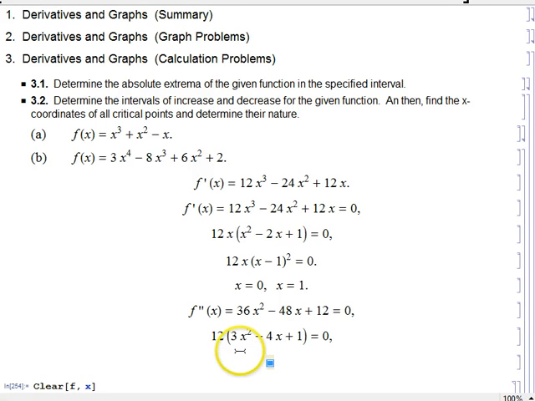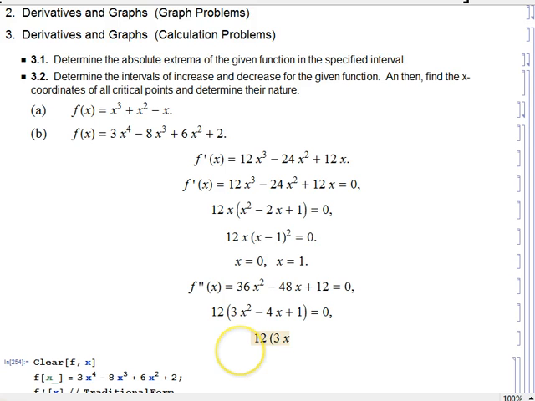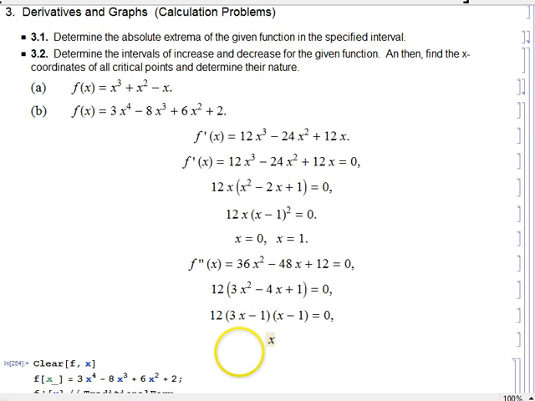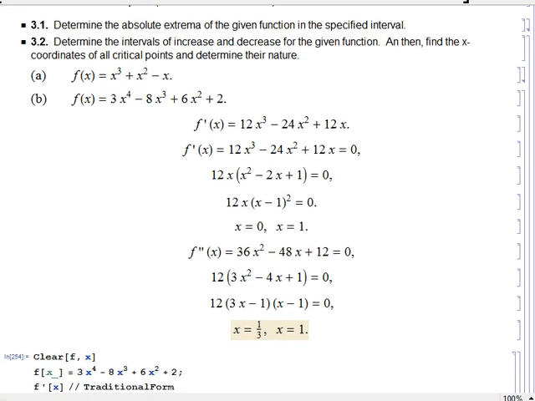So I'm going to get 12 times (3x minus 1)(x minus 1) equal to 0. Alright, I have it. X equals 1/3, x equals 1, and those two are going to be the inflection points.